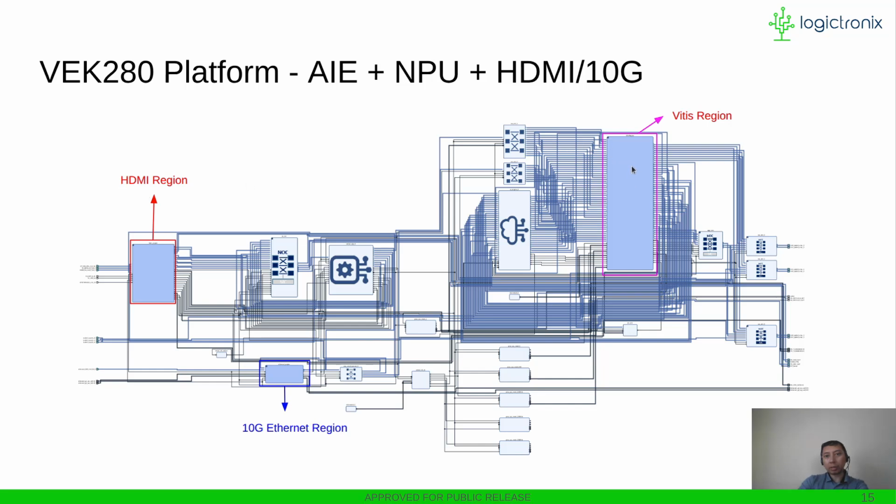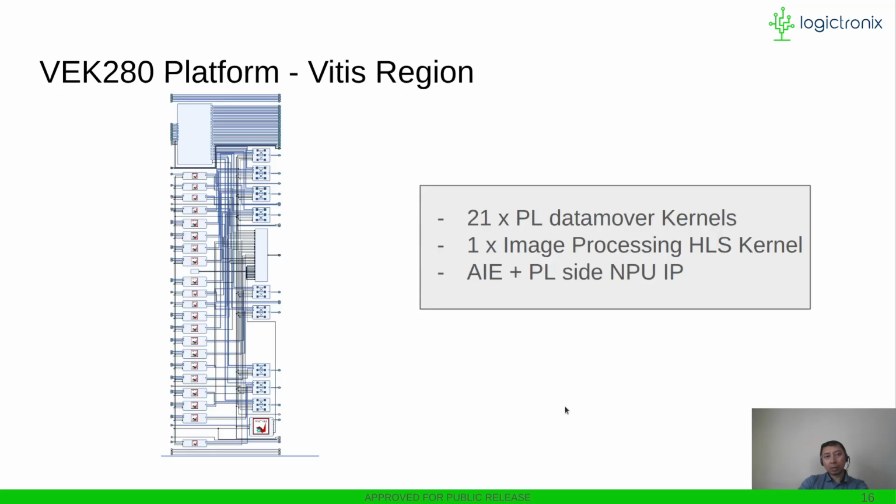You can see here on the right side all the AI engine related PL kernels are present in this one single block, and all other hardware designs like HDMI and Ethernet are also present in this final design. And if you look into the AI engine region only block, when you go for the detailed view, it will consist of various HLS PL kernels and all the interface blocks, and one block for all your AI engine computation.